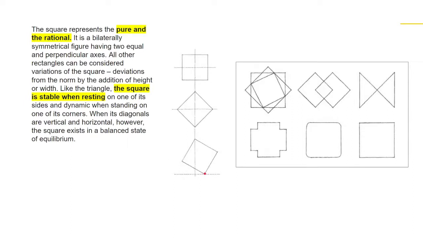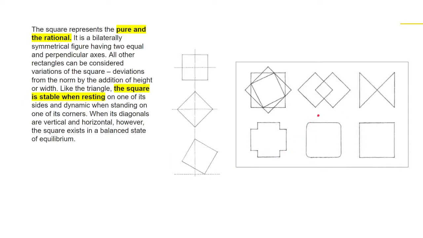This would be the point of equilibrium, where all of the weight will lie. Usually in architecture or in design, you create a balance or a counterweight here at the base to support your design.